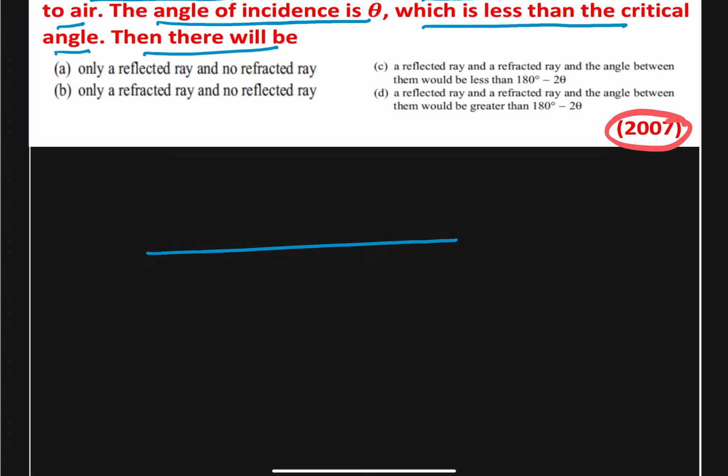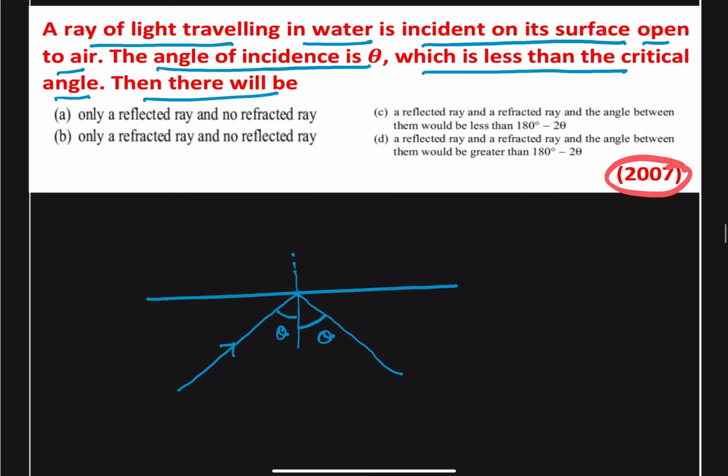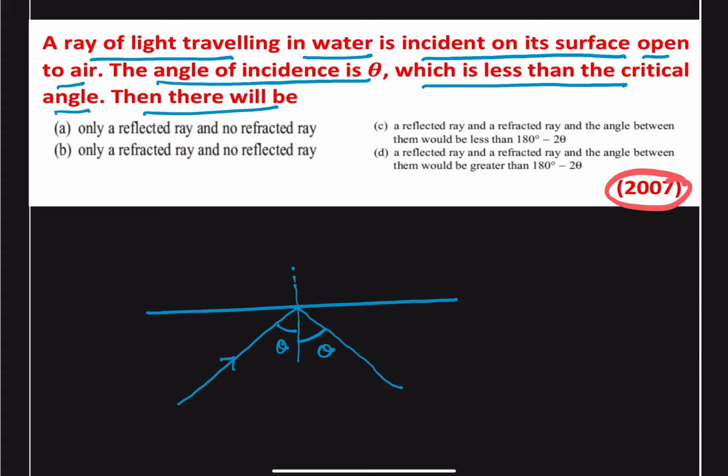So this is a plane surface, and let us consider this as a normal. This is our incident ray at an angle of theta, and it will be reflected also along the angle theta partially, and it will be partially refracted away from the normal, something like this. We can assume this is our straight line if it goes like that.